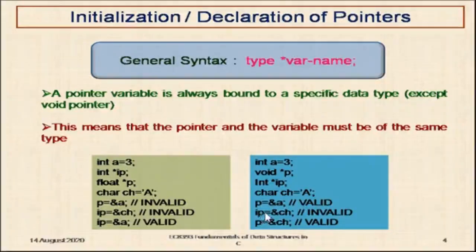That's why it is valid. And here ip is equal to &a. As in the previous example, this is valid. And p is equal to &ch. p is the void pointer and this is a character variable, but the void pointer is a general purpose pointer, so it is valid. Hope you got the point.